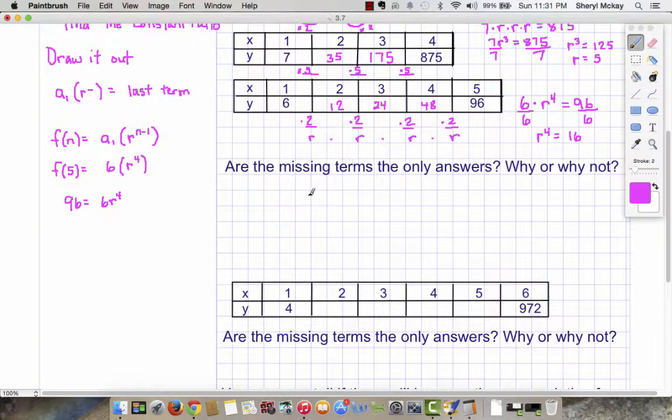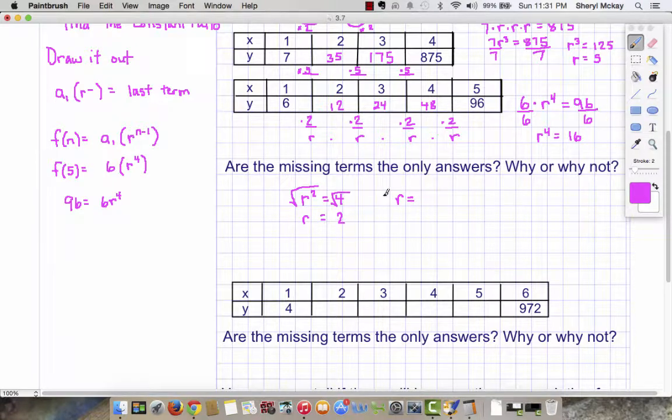The reason I asked that question is because if I say r squared equals 4, what is r equal to? Well, what number times itself gives me 4? What's the square root of 4? The square root of r squared is r. The square root of 4 is 2.